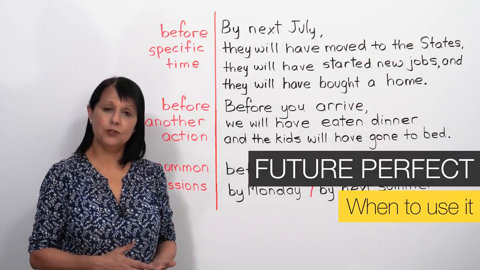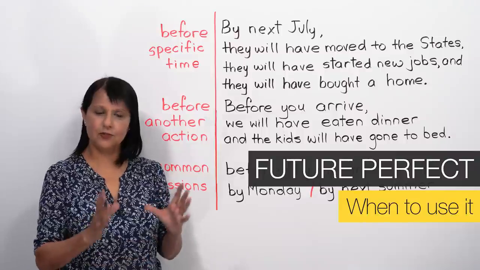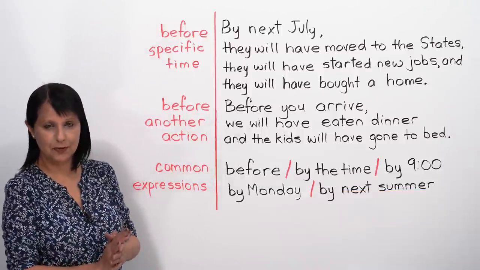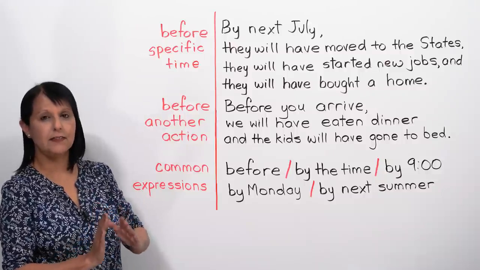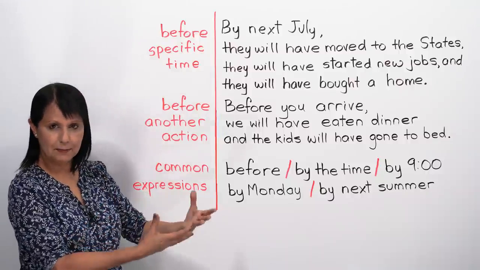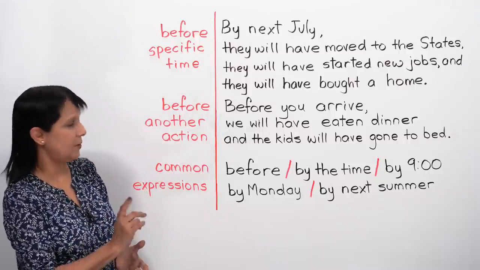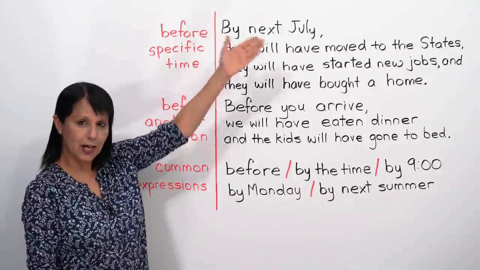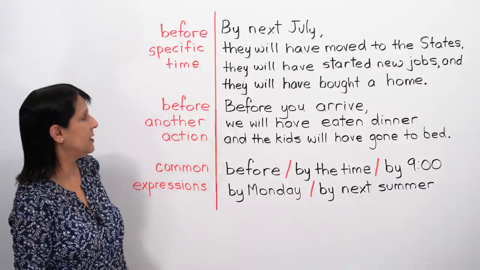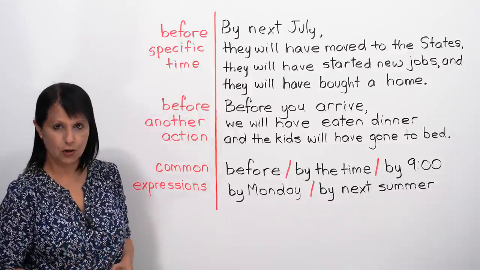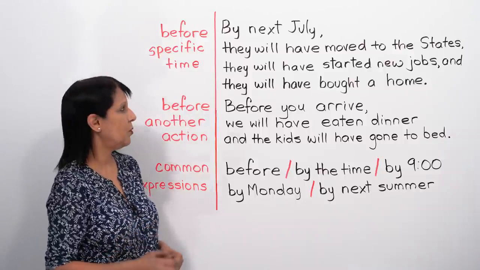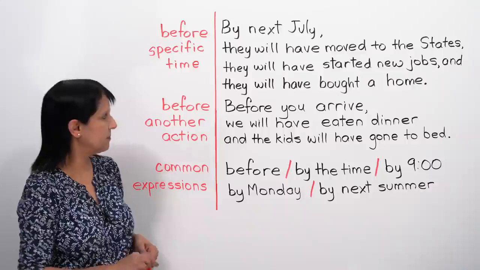Now let's look at when to use the future perfect tense so you can understand a little more clearly. So, we use it, remember, to describe an action that will be completed before a specific time in the future. For example, by next July, they will have moved to the States, they will have started new jobs, and they will have bought a home. So, where is the future perfect here?